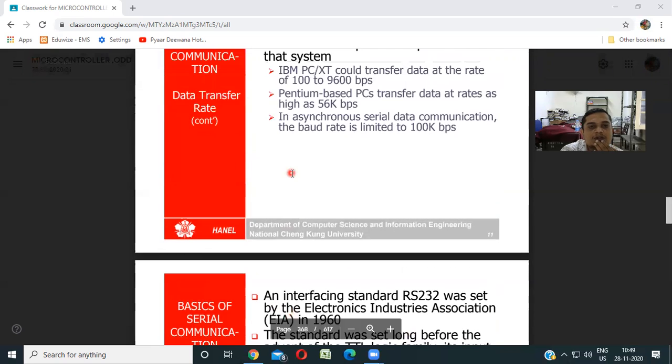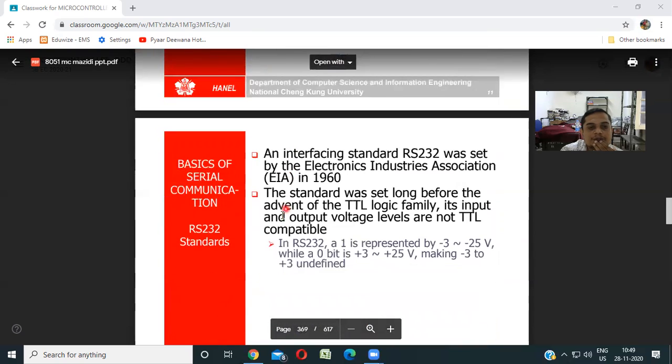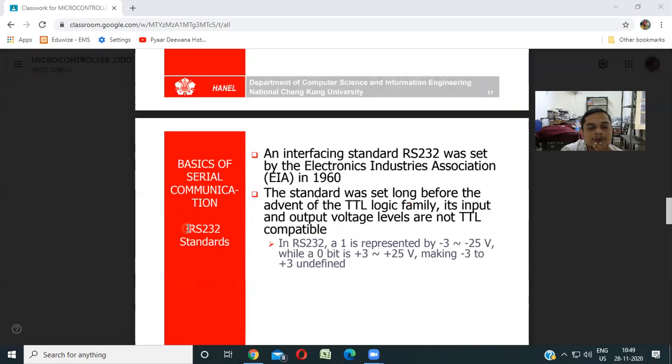So let us discuss the RS232. This is a very important standard to implement serial communication. If you want to connect a peripheral to a device and implement serial communication, then we have to employ the standard interfacing standard called RS232.